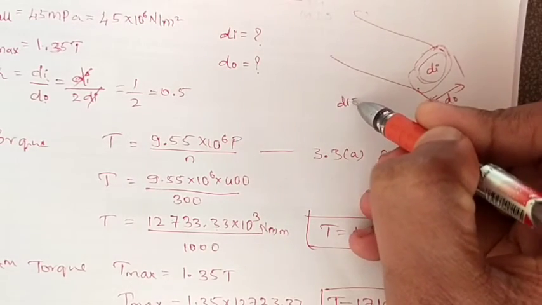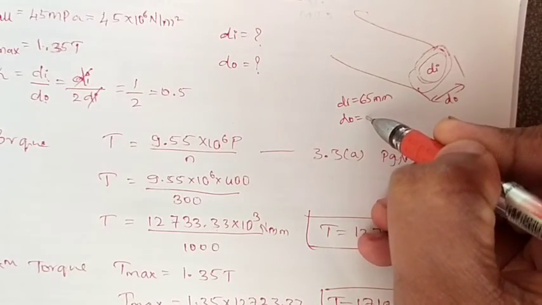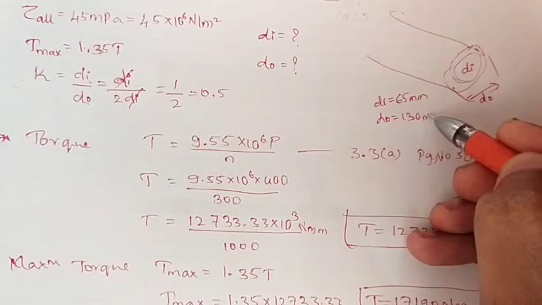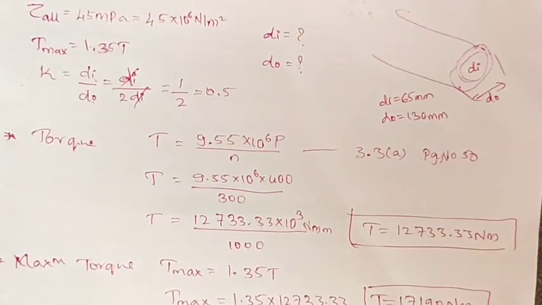So di you are getting 65 mm, d naught you are getting 130 mm. These are the values of inside diameter and outside diameter of a hollow shaft. This is how we solve the problems on hollow shaft.